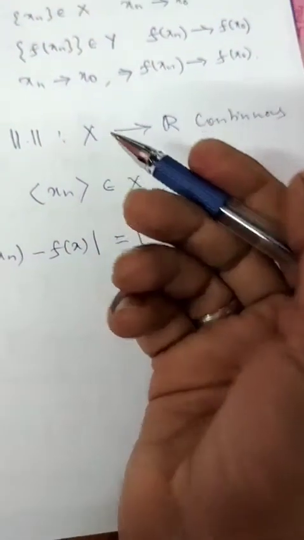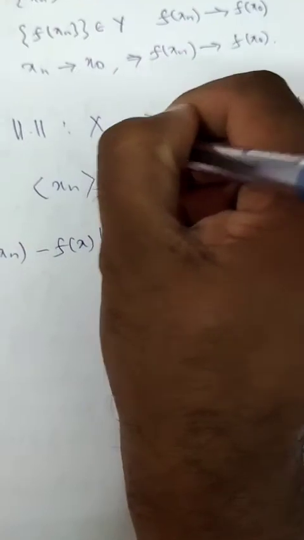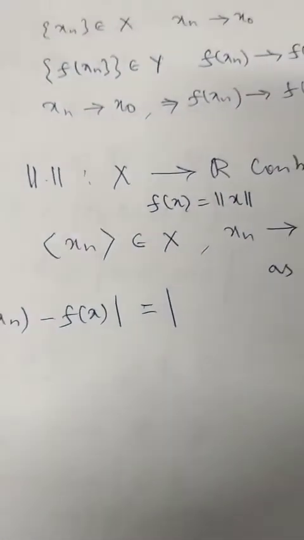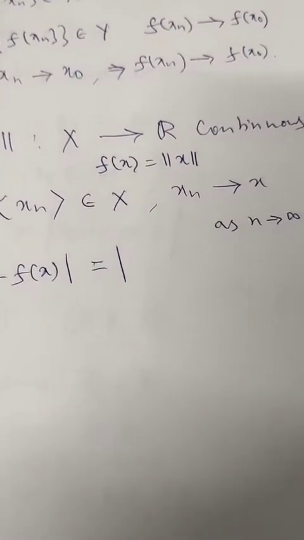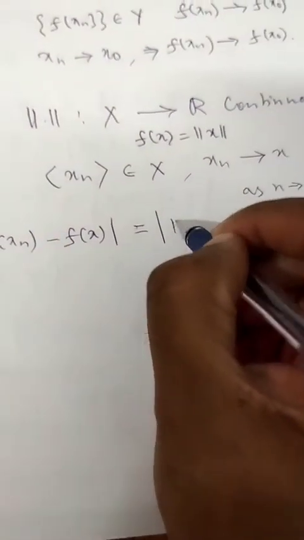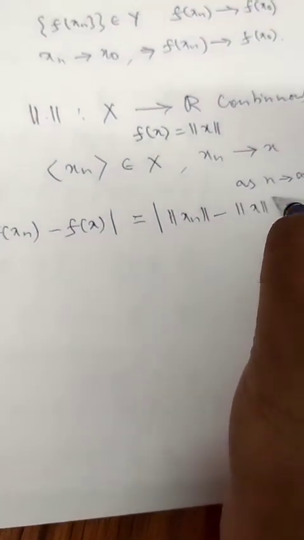We will define f of x equal to norm of x. So f of xn means norm of xn minus norm of x.